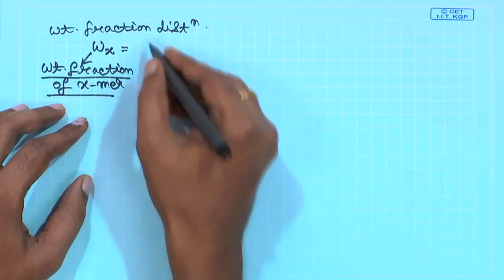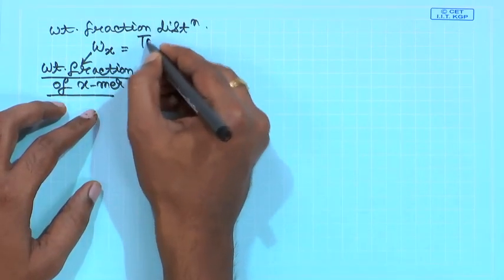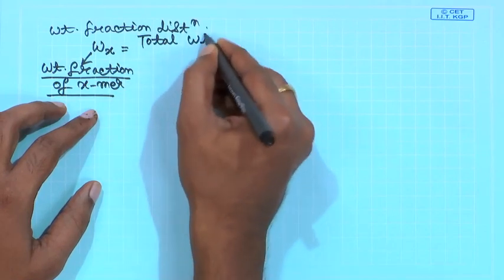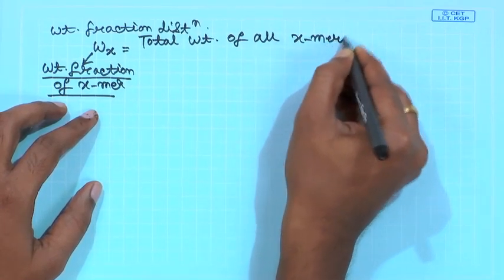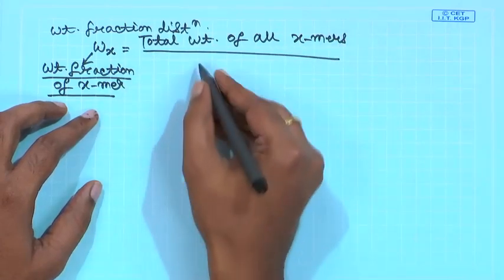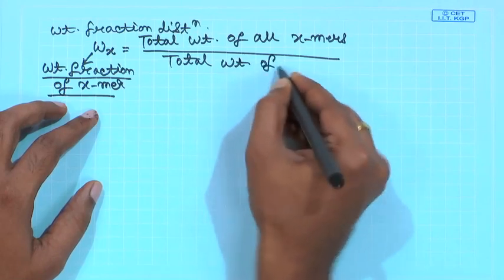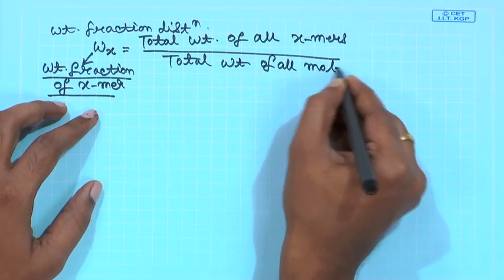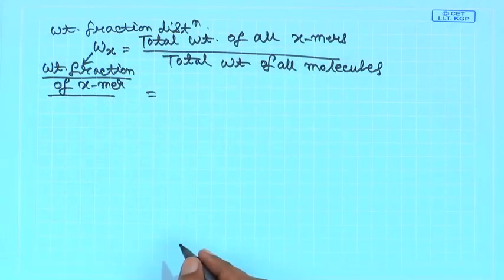So, weight fraction of x-mer is nothing but equal to the total weight of all x-mers divided by the total weight of all molecules, that is a fraction, weight fraction in this case.